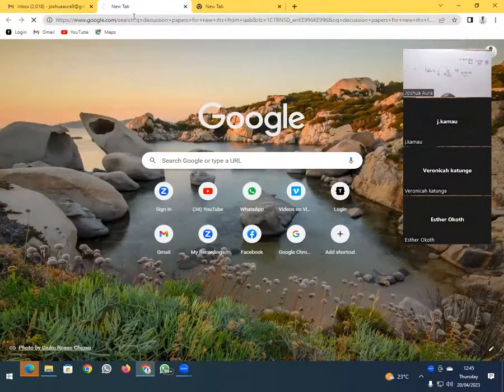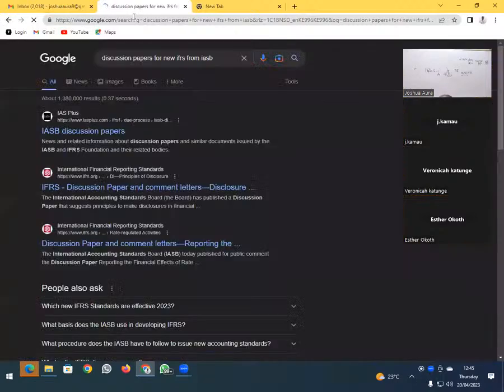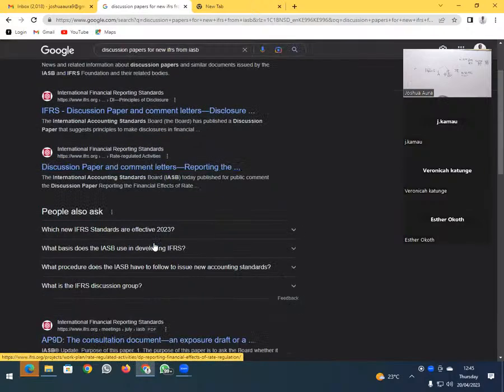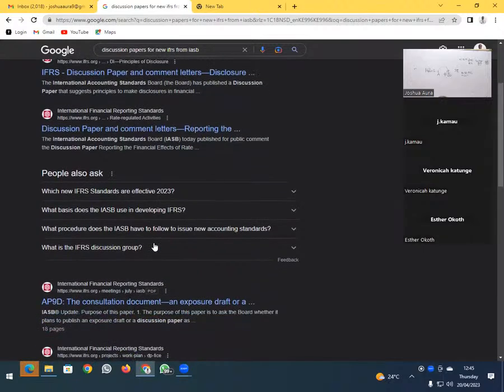So ukienda hapo, you see now here we have IFRS discussion papers and the comment letters, right? These are for what these guys are planning to produce. Like now they are planning to produce so many standards on environmental matters. They've already created a new body. So there must be a discussion paper that is produced.